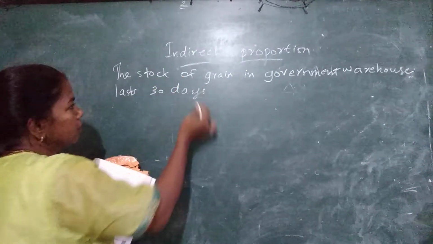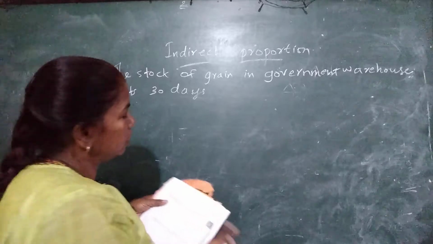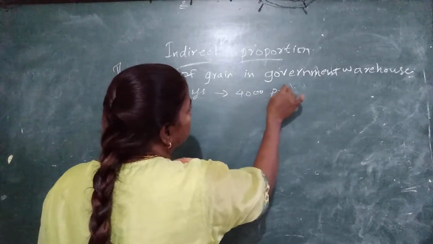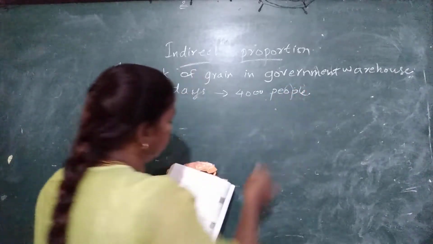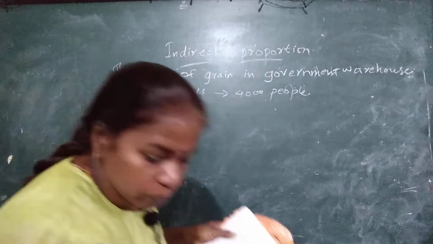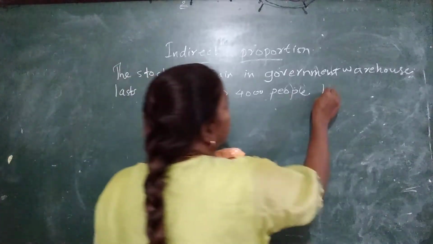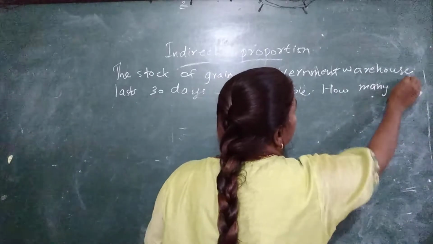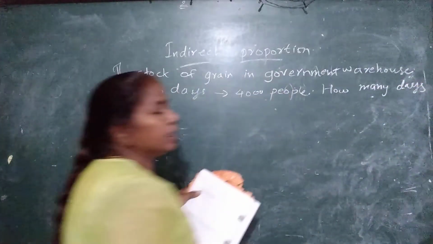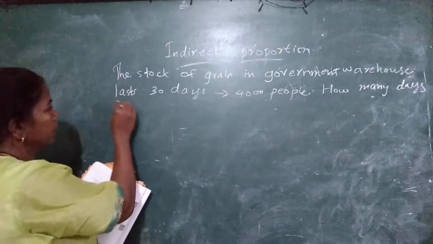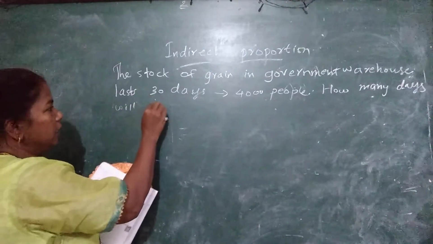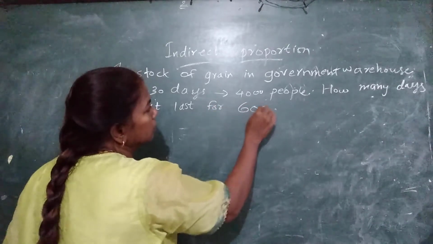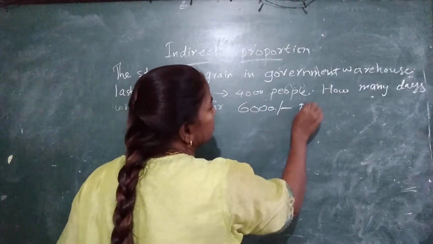The government keeps the stock for 4,000 people. How many days will it last for 6,000 people?